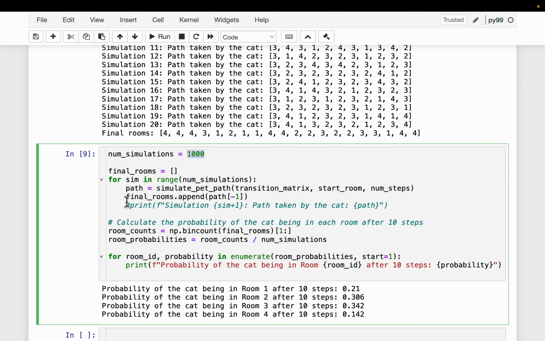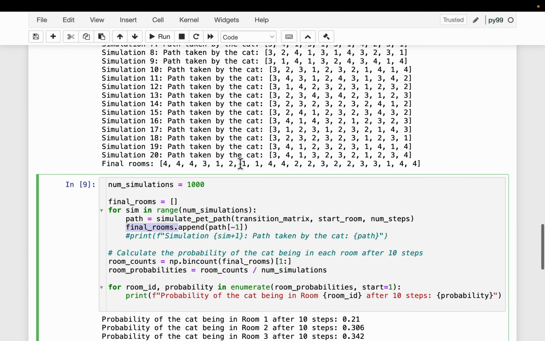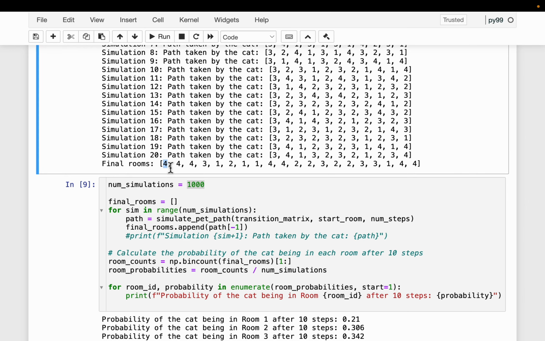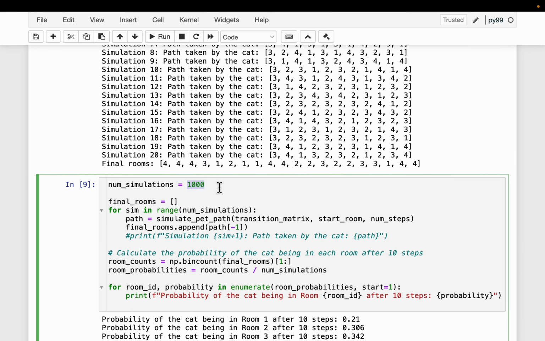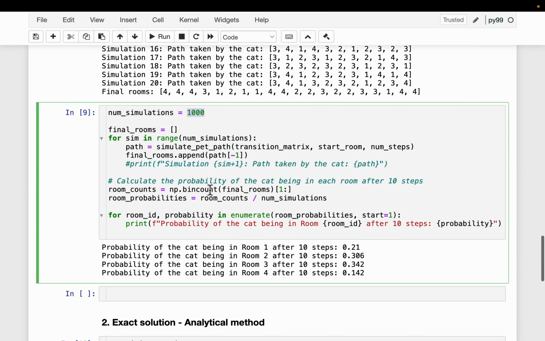Once we collected these final rooms, all we are doing is counting how many times out of these 1000 experiments the pet ended up in room number 4, and how many times in room number 3, 1 and 2. And we simply divide those numbers by the total number of experiments so that we get the probabilities. That's exactly what we are doing here.